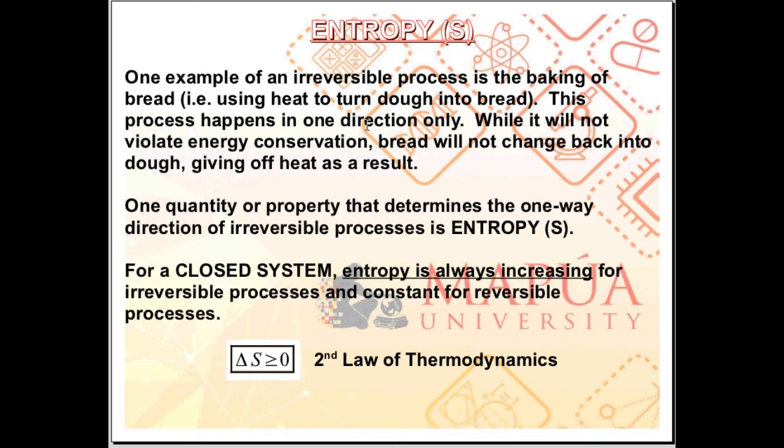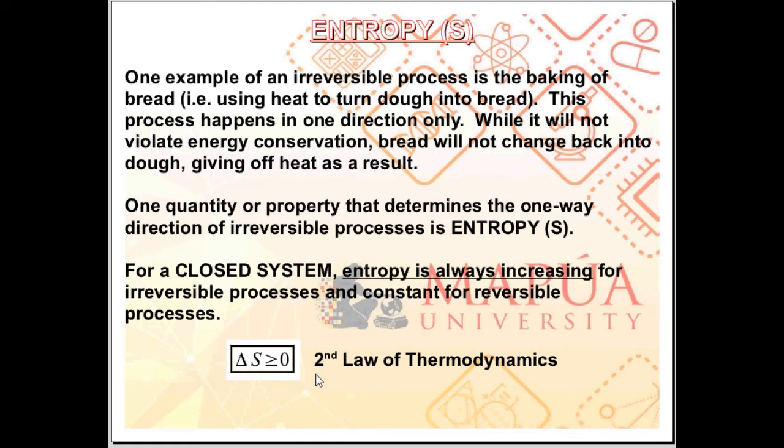The baking of bread is an irreversible process because the entropy is always increasing. If the entropy was constant, then that would mean that the baking of the bread is a reversible process and the bread can turn back into dough.